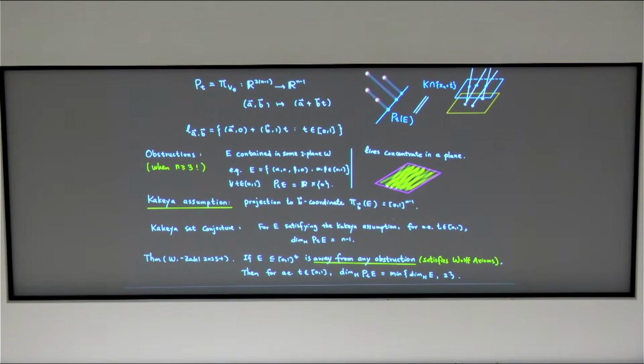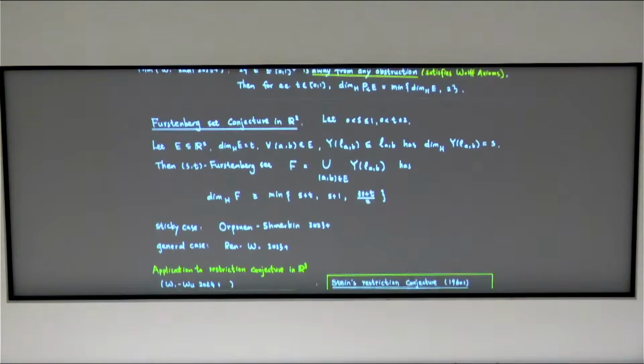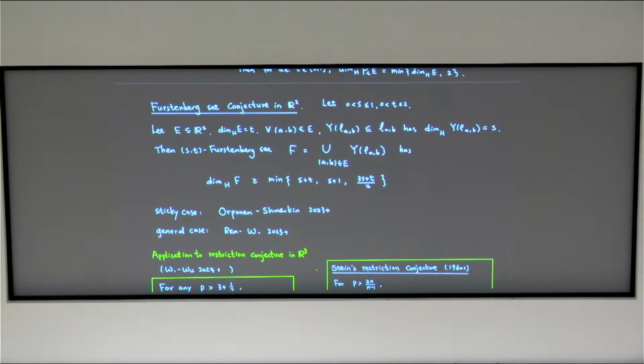And this also explains why the Kakeya set conjecture is suddenly much harder in dimension n greater or equal than 3, because when n equals 2, there is no obstruction. Okay, but still, when n equals 2, we could still ask a difficult and interesting question, that is the Furstenberg set conjecture.